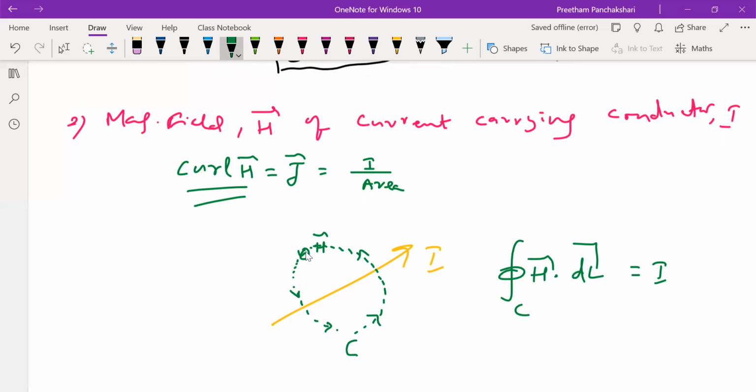If you want to know the magnetic field at a particular point on this path, not on the complete path, at a point, then it is curl H is equal to J. J is not the current, it is the current density, because curl includes circulation density. So circulation density of H at a point is equal to current density at that point, or simply curl H is equal to current density at that point.